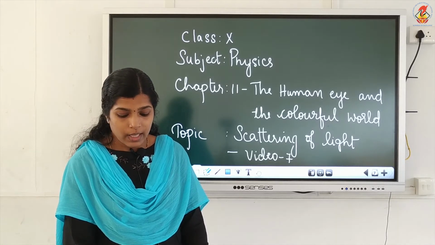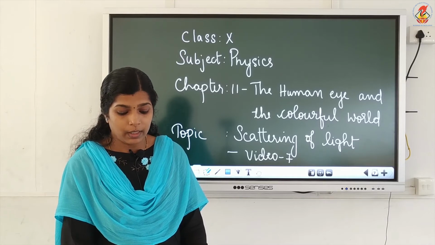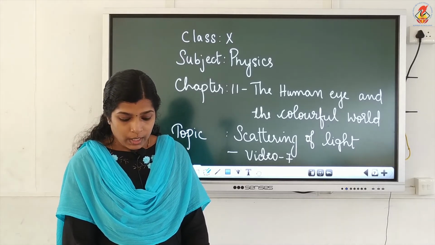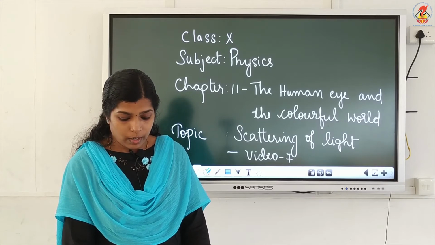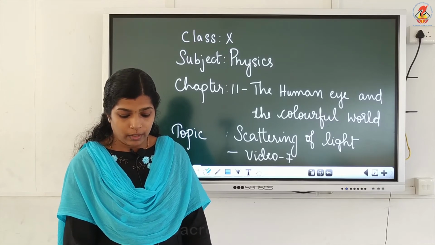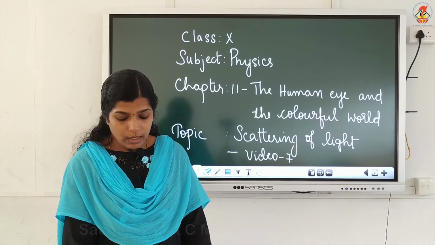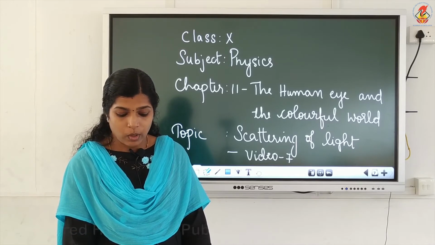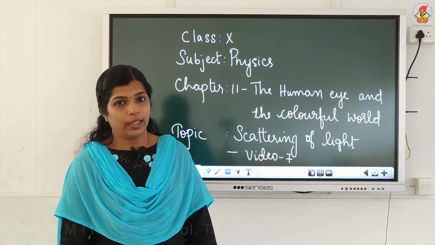The red light has a wavelength about 1.8 times greater than blue light. Thus, when sunlight passes through the atmosphere, the fine particles in the air scatter blue light, shorter wavelength, more strongly than red. The scattered blue light enters our eye. So, the sky appears blue in color.